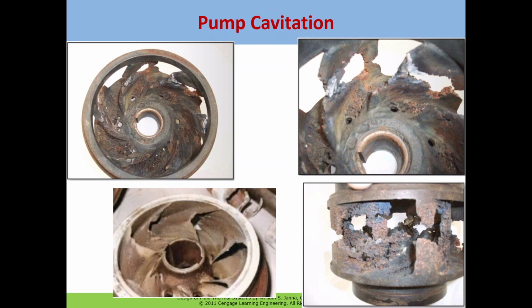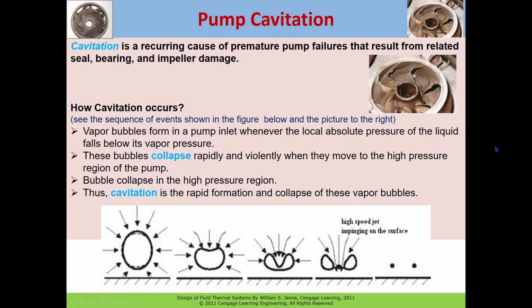When the cavitation happens, it has several effects. The bubble that forms during the vaporization process, because the liquid pressure has gone down to the saturation pressure, so small bubbles form, and those bubbles coalesce with each other and make a larger bubble.